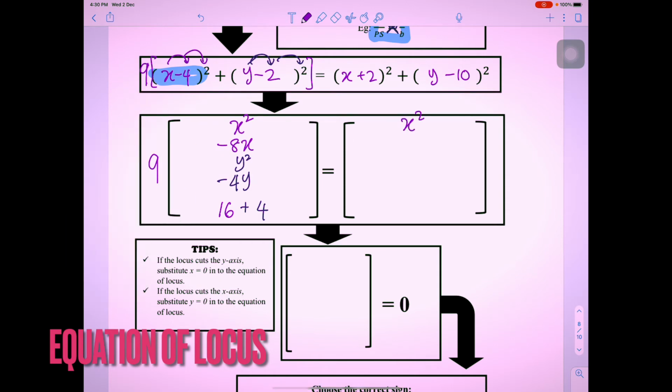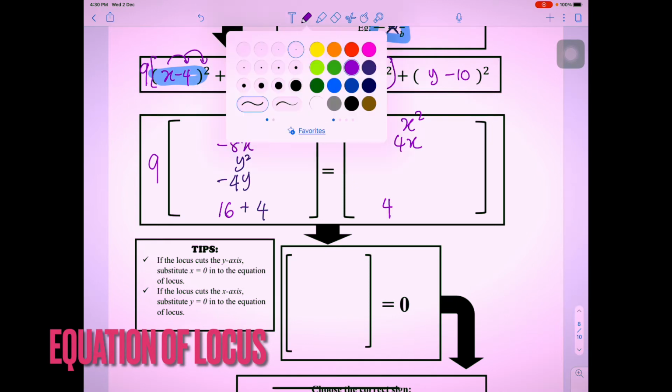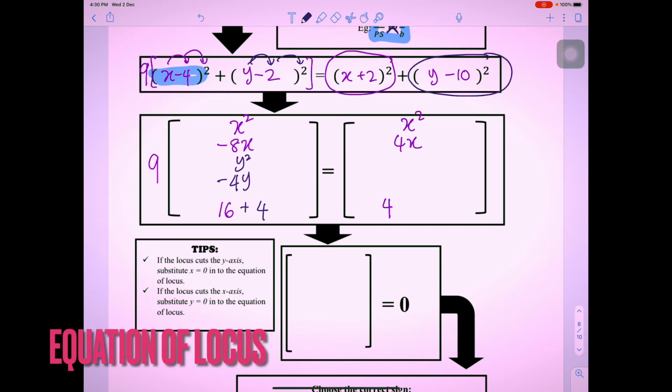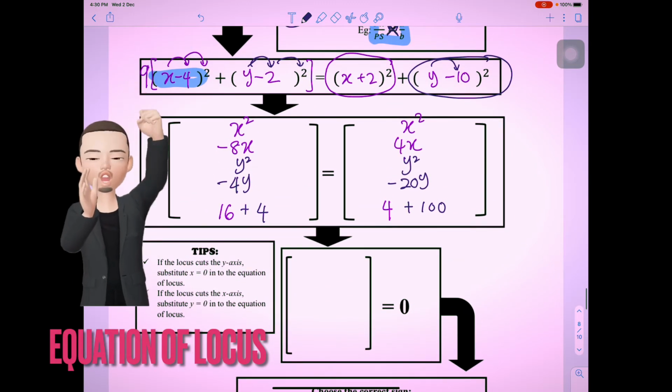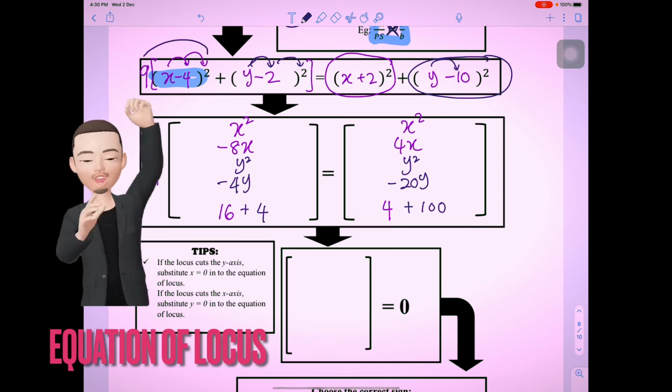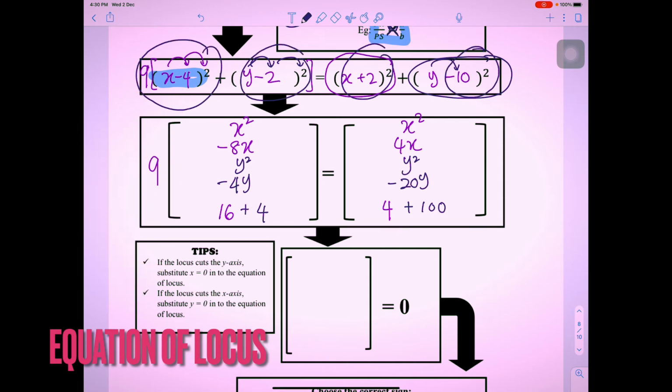So x squared, then x times 2 times 2 gives 4x, and the constant 2 squared equals 4. Then y squared, and y times 10 times 2 gives negative 20y, and negative 10 squared gives plus 100. This is how you expand and place the position of each bracket. I hope you can see clearly.